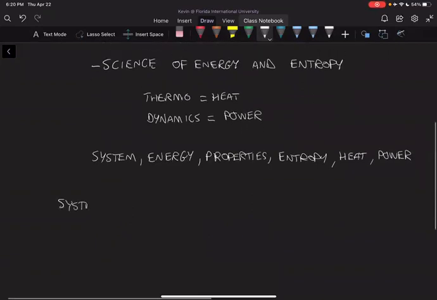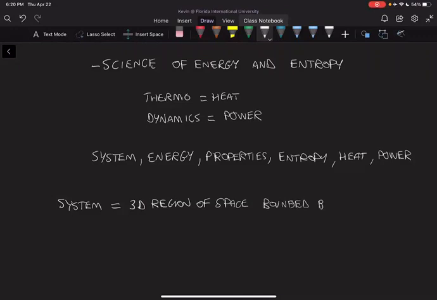This is going to be a definition that we're going to use all the time, and we're going to define our problems and our analysis of thermodynamics through a system. So we're always going to be looking at different types of systems. And a system is just a 3D region of space bounded by an arbitrary space.